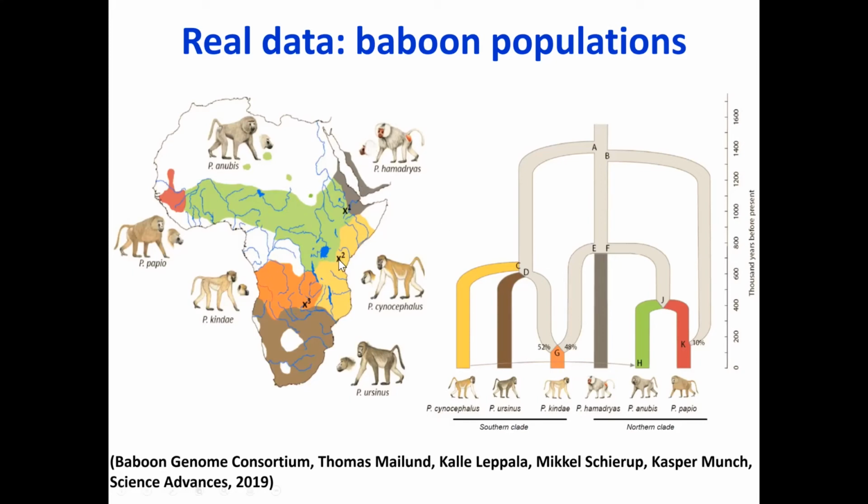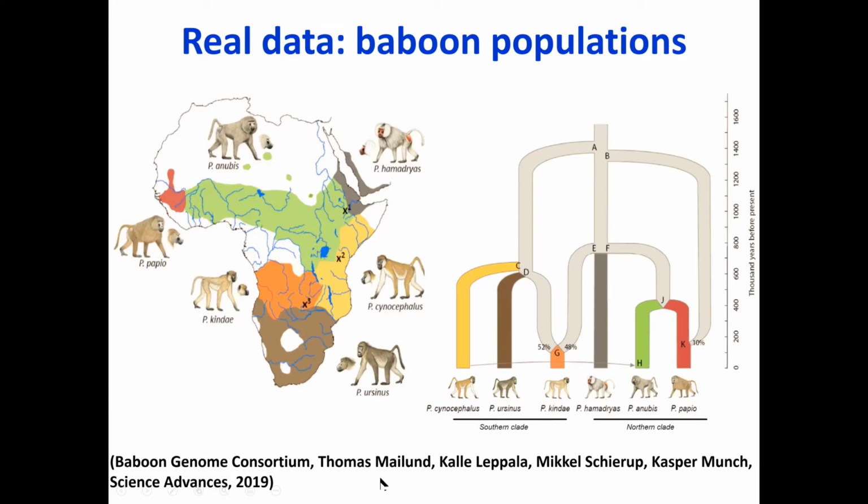So the baboons are interesting because, differently to humans, they have still ongoing hybridization zones between these different populations. There's many of them, but the little X's on this map of Africa show the ones where they're documented in the literature. There's two clades in this baboon data, the southern and the northern clade.